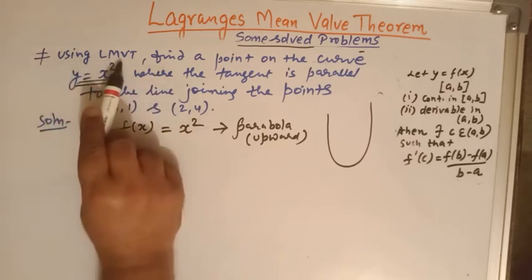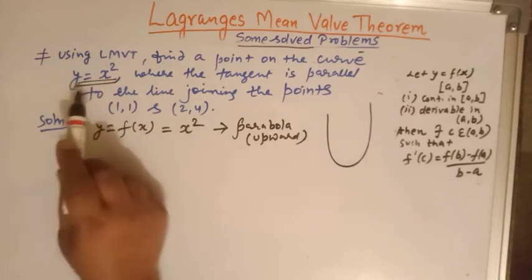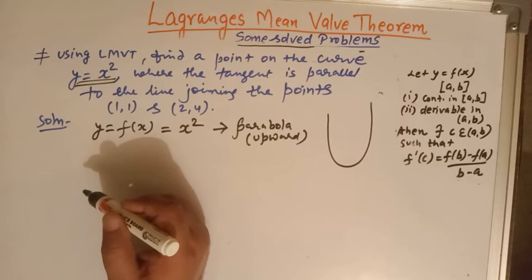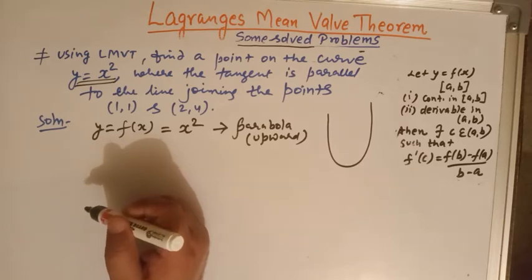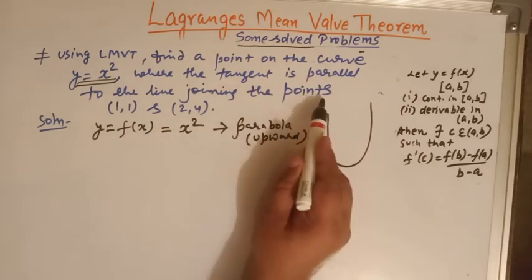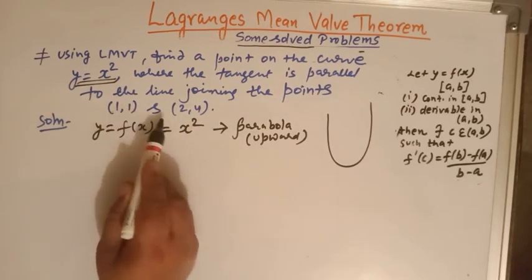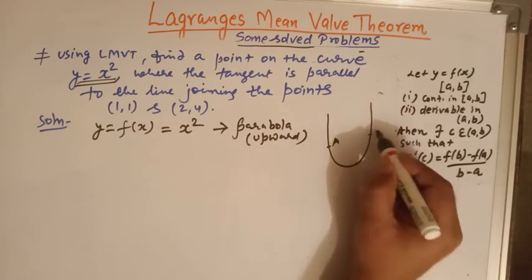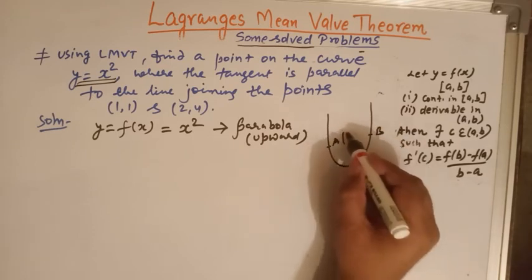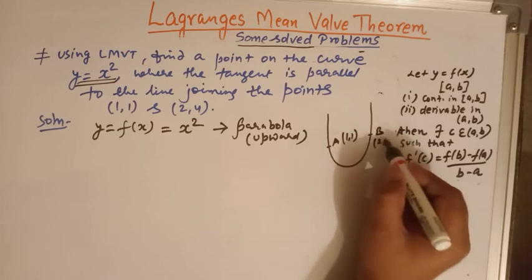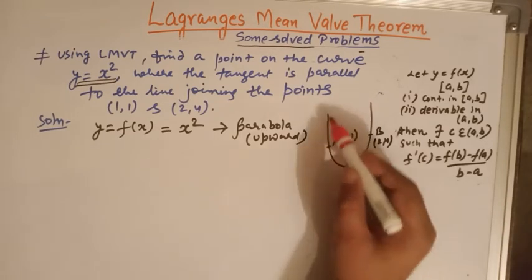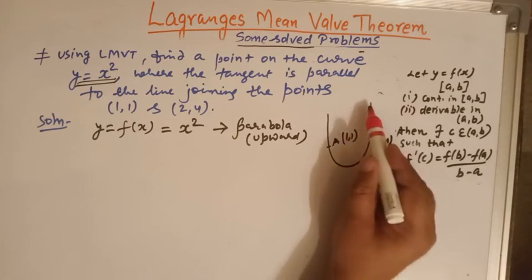Using the mean value theorem, find a point on the curve where the tangent is parallel to the line joining the points (1, 1) and (2, 4). Say this point is A and this point is B. A is (1, 1) and B is (2, 4), and the parabola is given by this curve here.